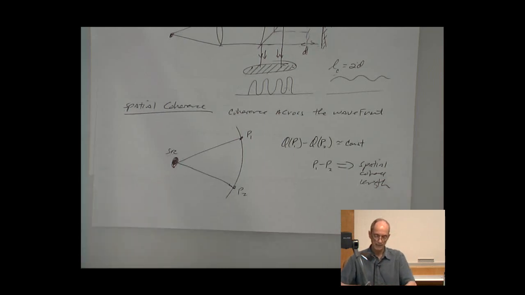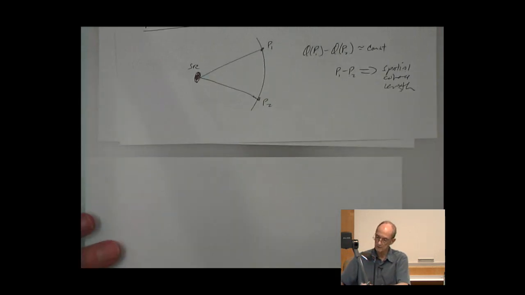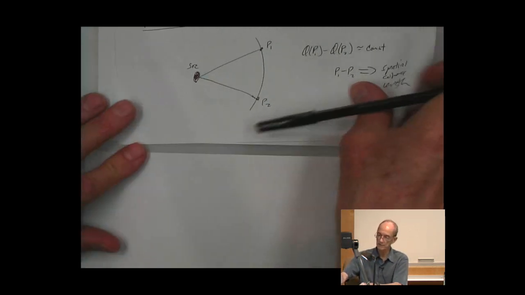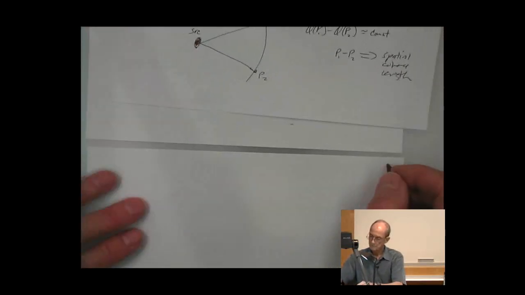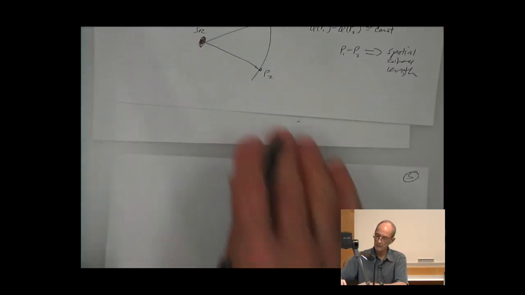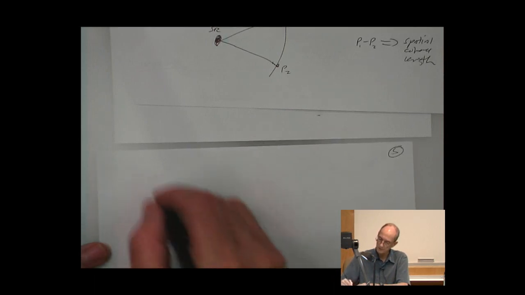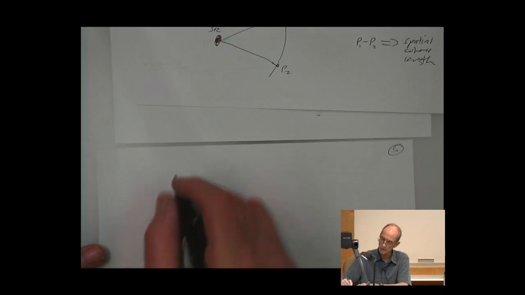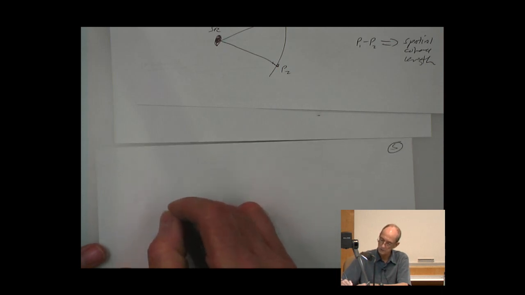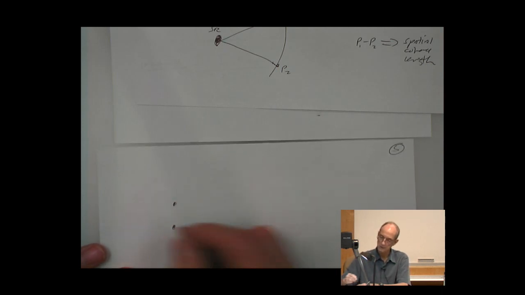All right, and so one example of that is the Young's slit experiment, which is one way of measuring it, just like you have this Twyman-Green. Here, let's see, the simplest example of an extended source is 2-point sources separated in space.